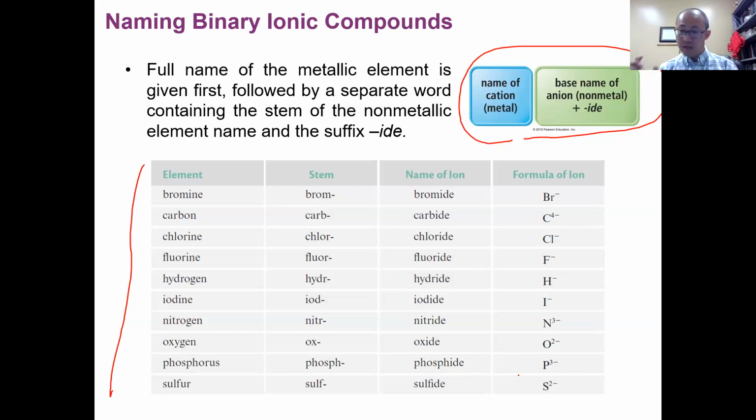You can see these are the names that the nonmetal becomes. All have a stem or base from the name of the nonmetal plus the suffix -ide. But the metal name is the same, just the name of the metal. So that's how we name the binary ionic compounds with only 2 elements, metal and nonmetal.